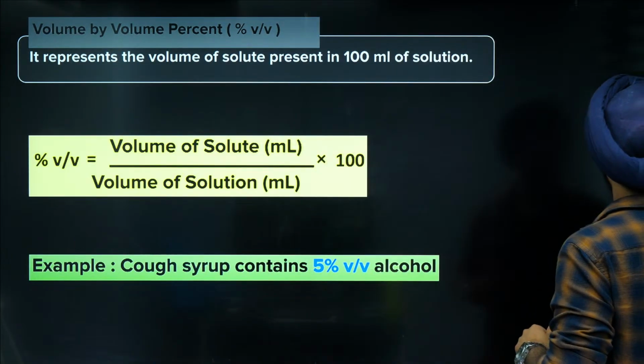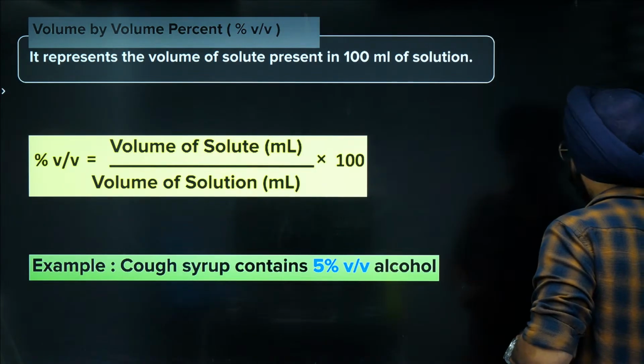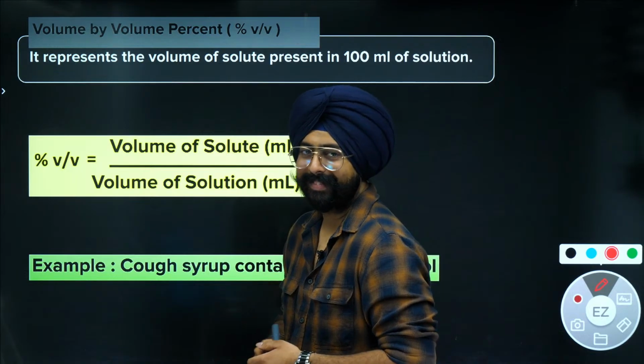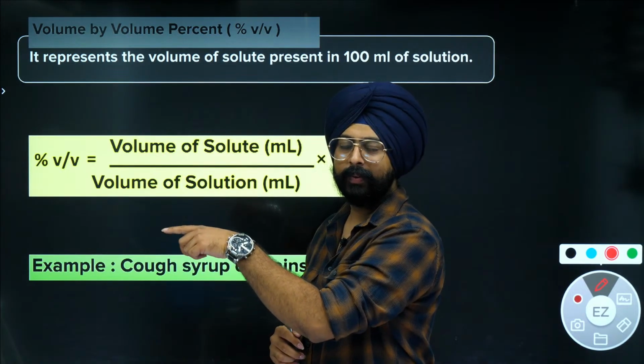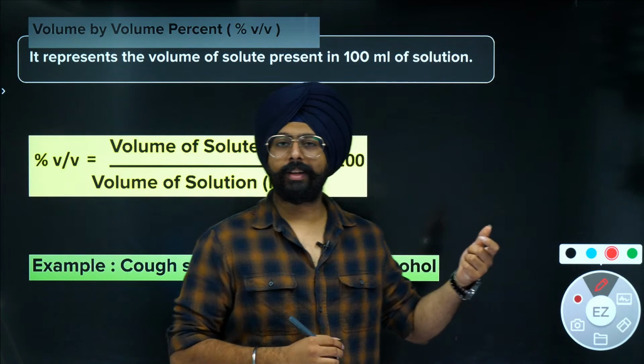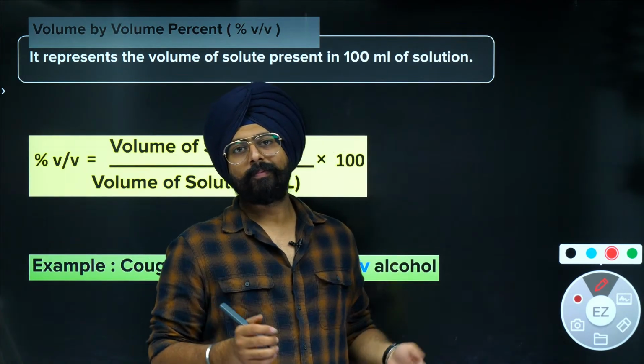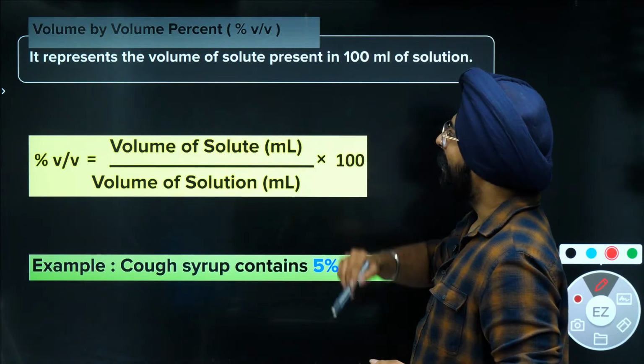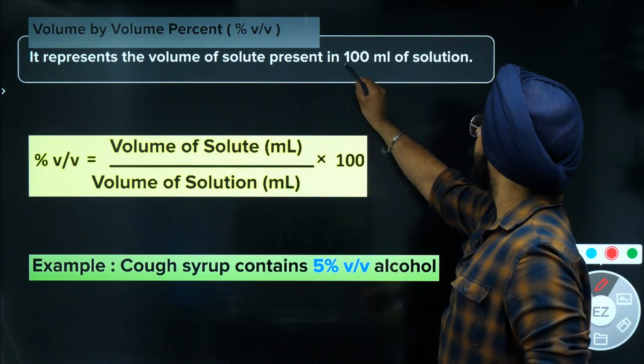Now we have volume by volume percent. Initially it was weight by weight, then weight by volume, now this volume by volume. It represents the volume of solute present in 100 ml of solution.